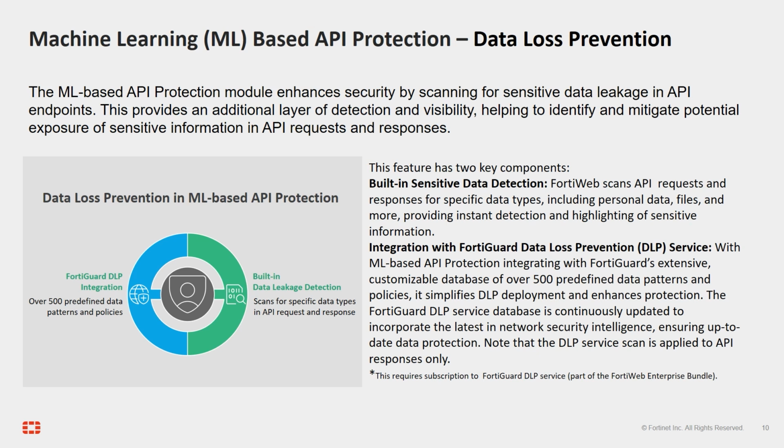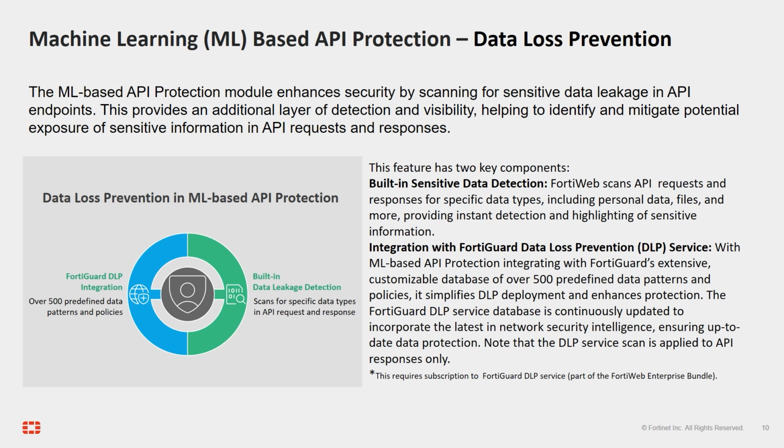FortiWeb's ML-based API protection takes data security to the next level by scanning for sensitive data leakage in API requests and responses. This adds crucial visibility and protection against the exposure of sensitive information. The first component is built-in sensitive data detection, where FortiWeb scans API requests and responses for sensitive data types, such as personal information and files, providing instant detection and alerting.